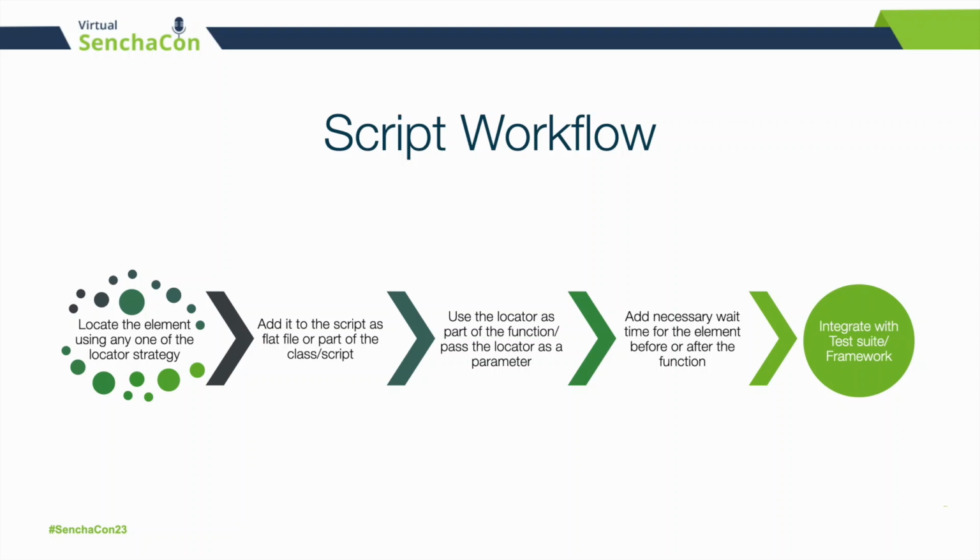Some tools we can write XPaths as well. Some tools identify the UI component as an image or picture, and these components can be saved in a different flat file, or it can be a part of the particular class or the script which we're going to write.